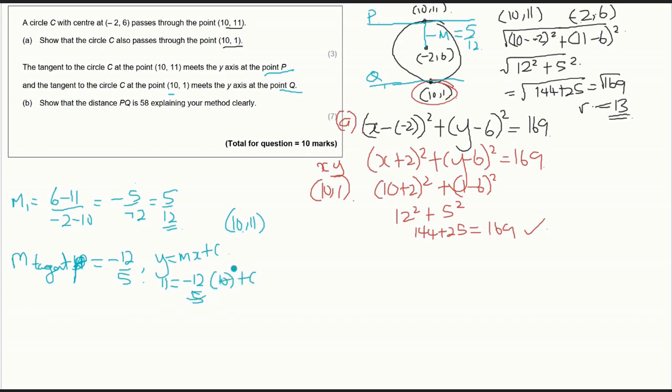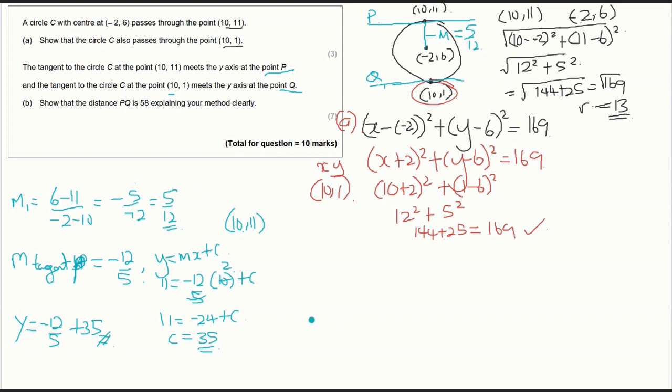So this is 2, so 11 equals negative 24 plus c, therefore c equals 11 plus 24, which is 35. So the equation of the tangent is y equals negative 12 over 5 x plus 35.